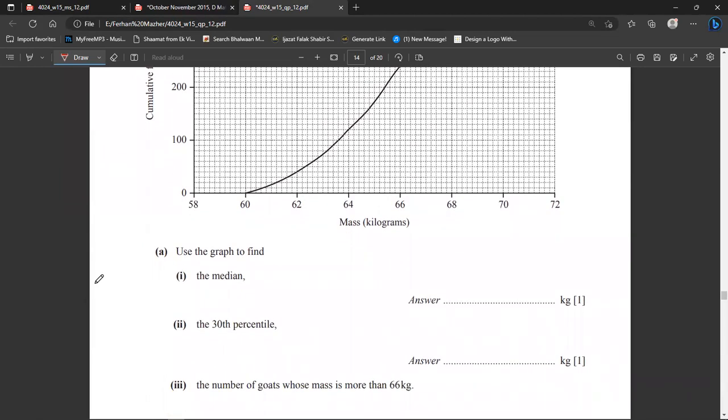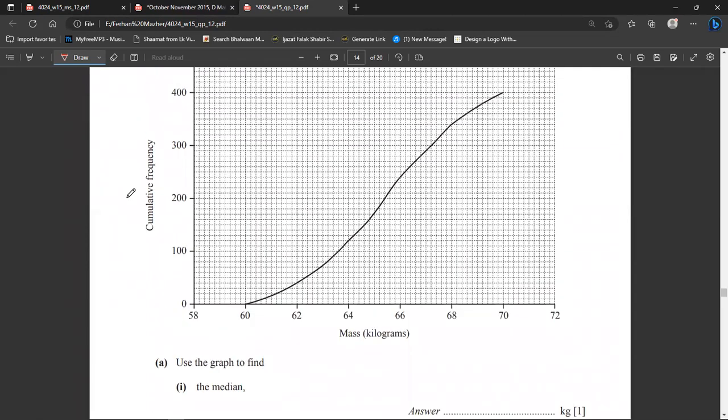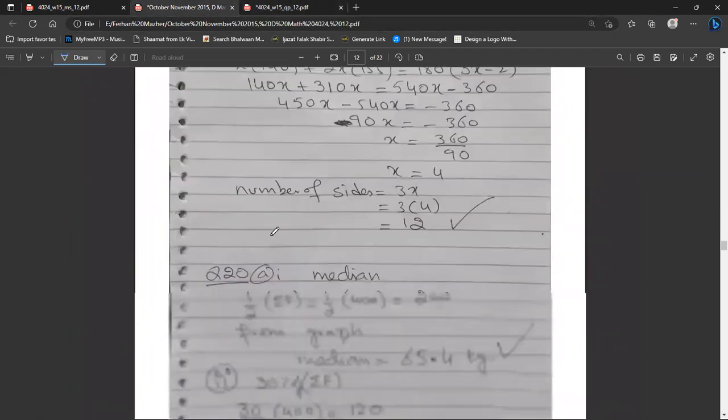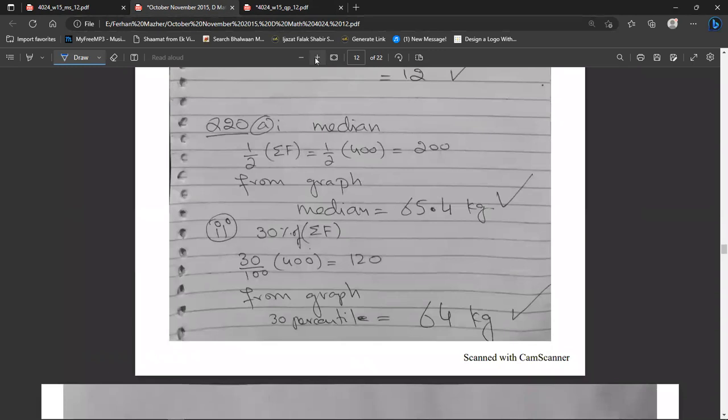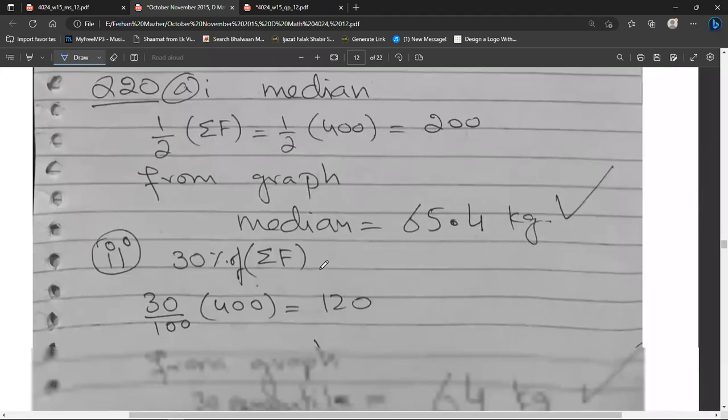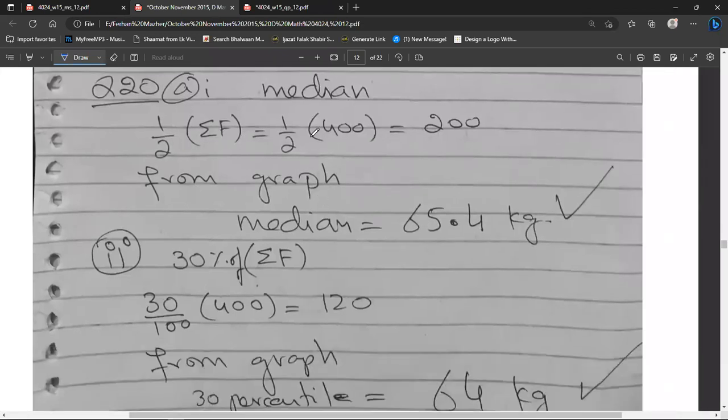Use the graph to find the median. How do you find the median? You find 50% of the total frequency, and then you check that number on the y-axis. The total frequency is 400, and 50% means 1 by 2 of the total frequency. 1 by 2 of 400 is 200.